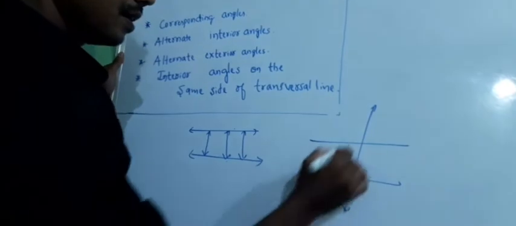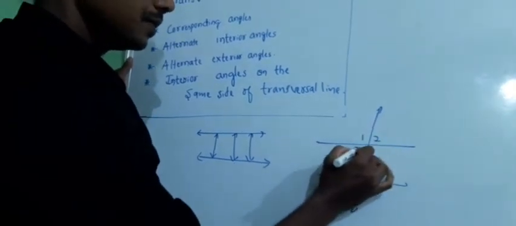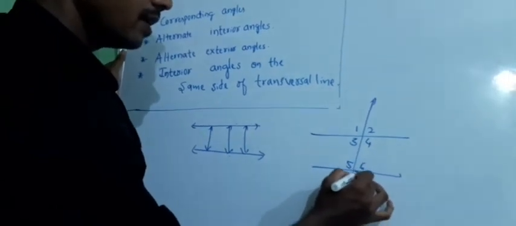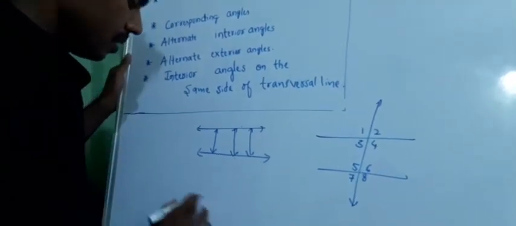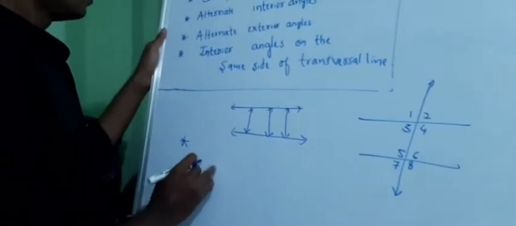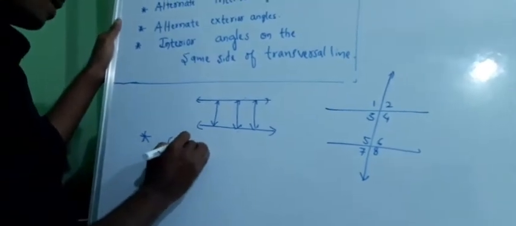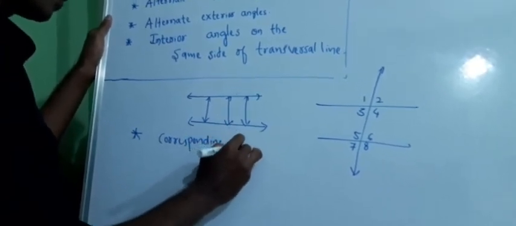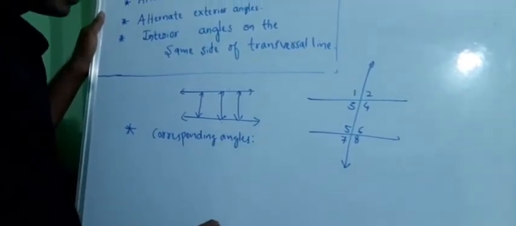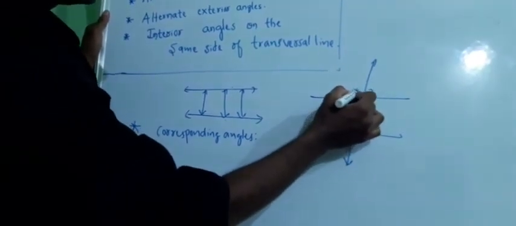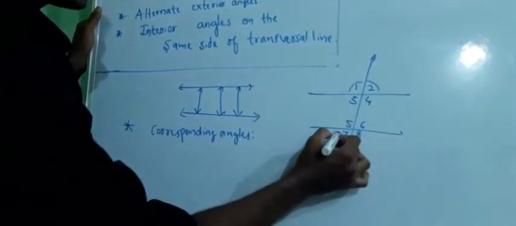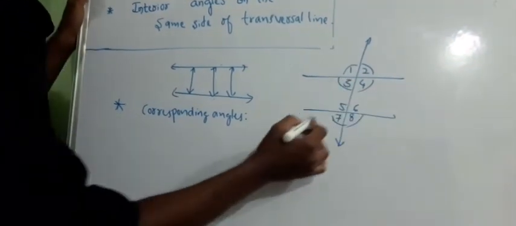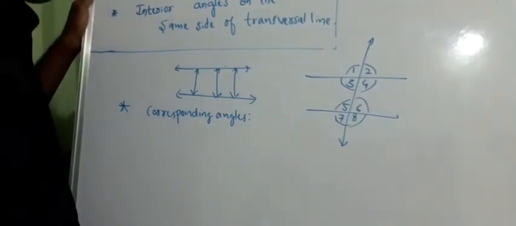Okay, I'll name the angles 1, 2, 3, 4, 5, 6, 7, 8. Angle 1, angle 2, angle 7 and angle 8 are exterior angles. Angle 3, angle 4, angle 5, angle 6 are interior angles.